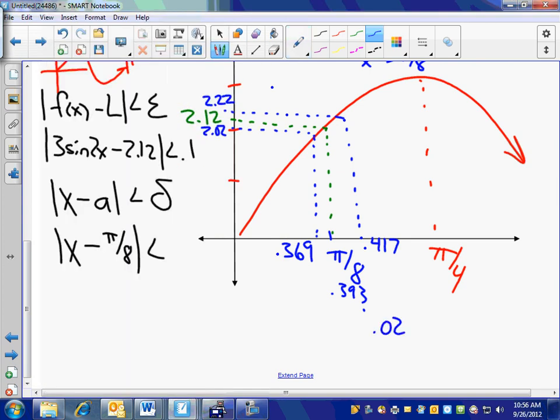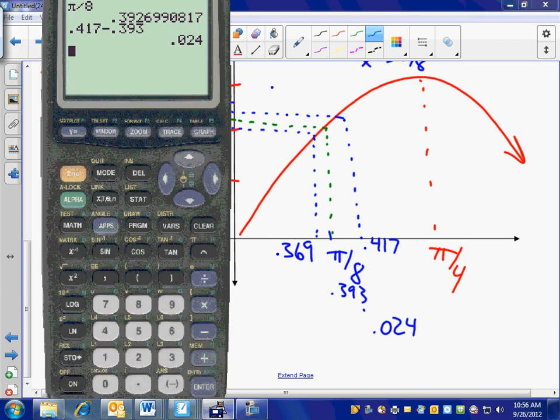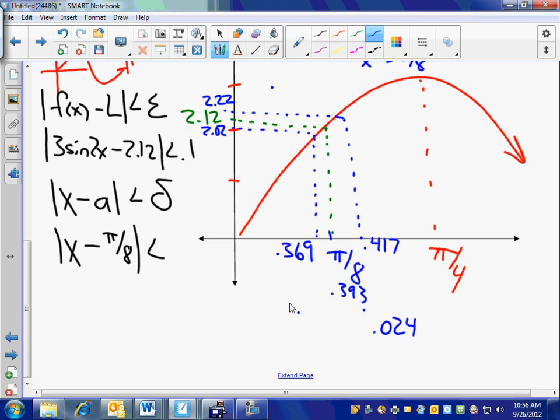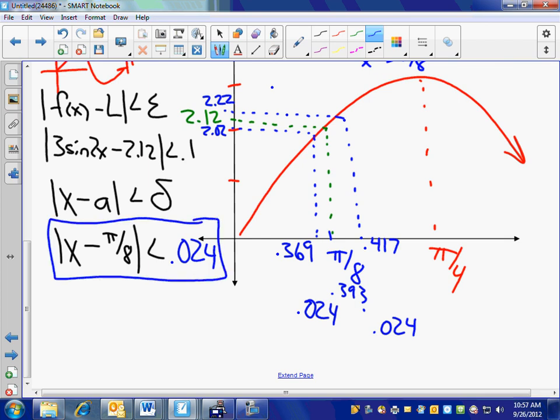And if you do 0.393 minus 0.369, you get 0.024. So they're about the same, right? So my delta value is 0.024. That's all the closer I have to get to x in order to ensure that the output is within 1/10.